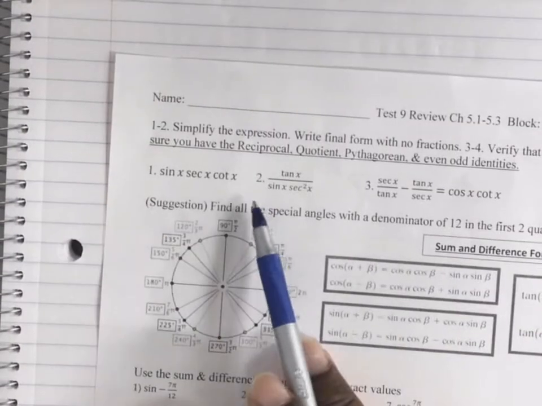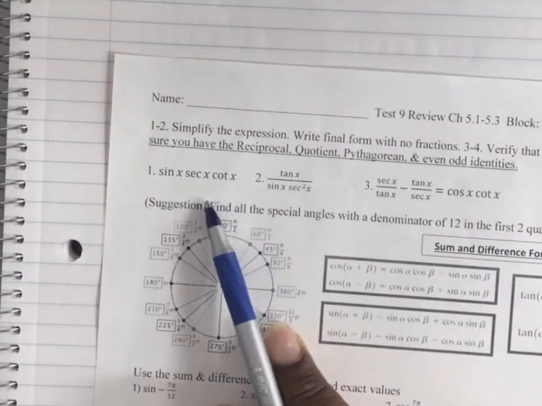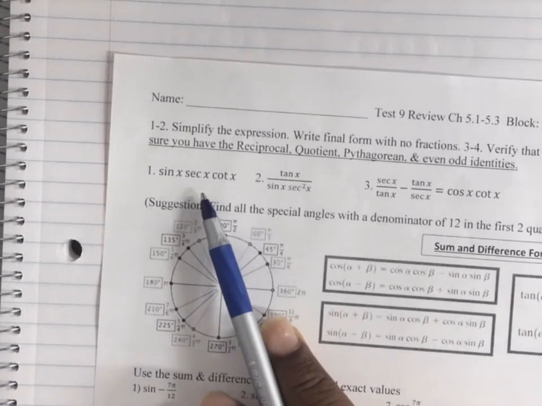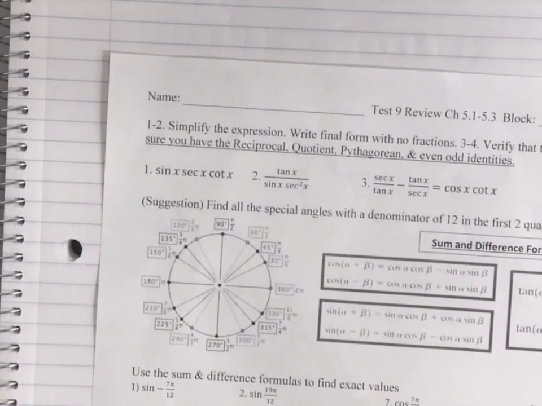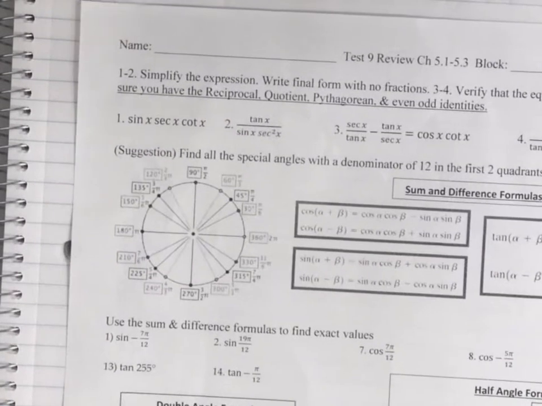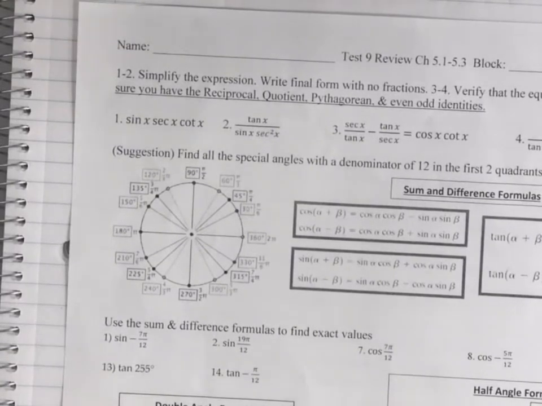All right, so let's get started with the first section. We are doing the trig identities. What I would need is my trig identities formula sheet from my notes. I'm going to grab that if I can find it.